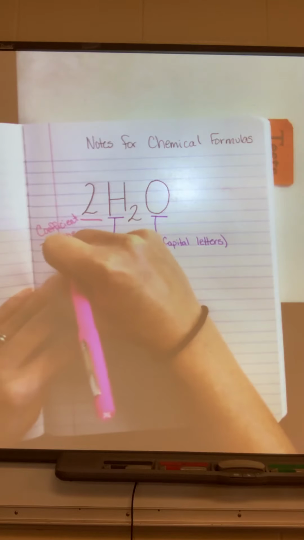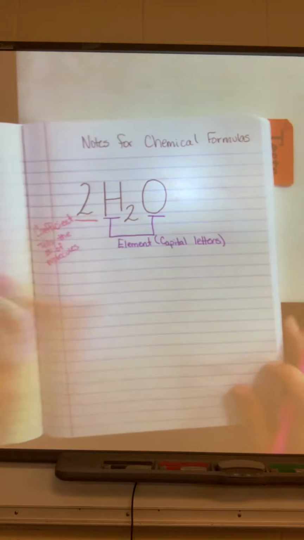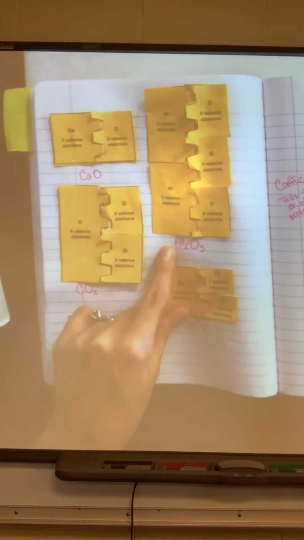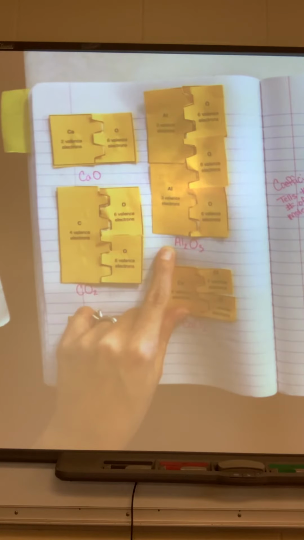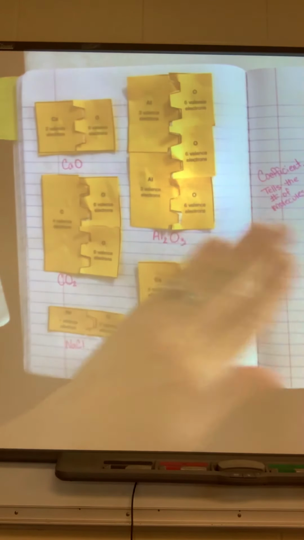So if I want to know how many molecules of water I have here, I have 2. Now over here, we only had 1 molecule of everything because there is no subscript. So if there is no number, you automatically have 1. No number means 1 on both coefficient and on subscripts.